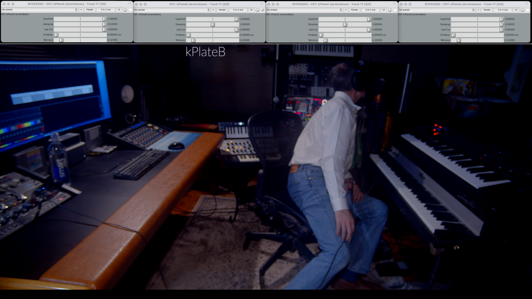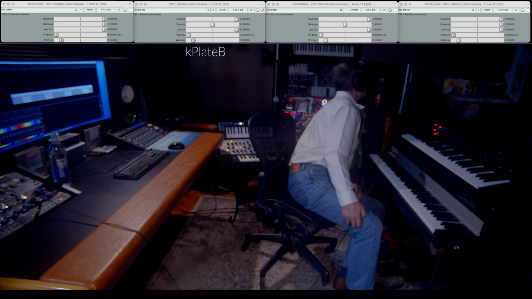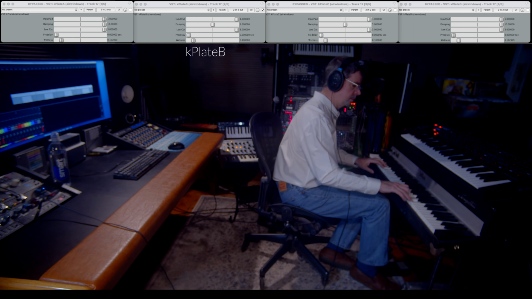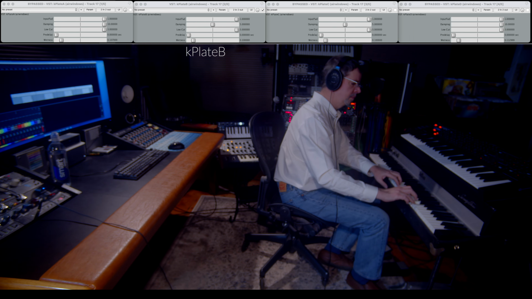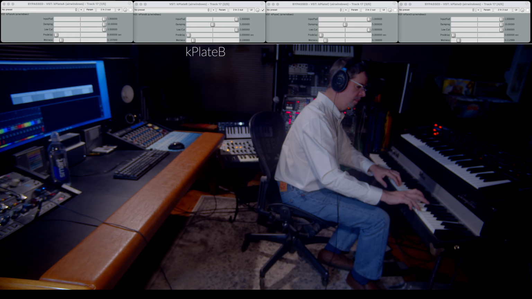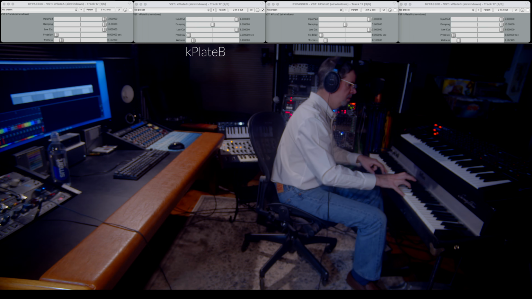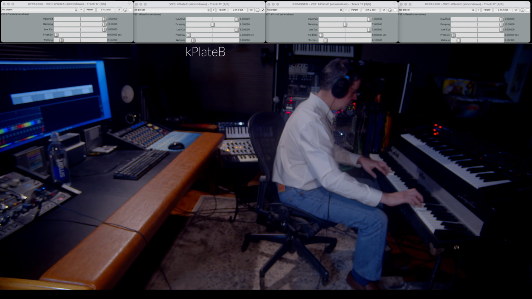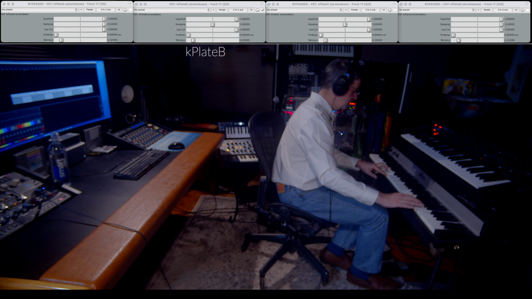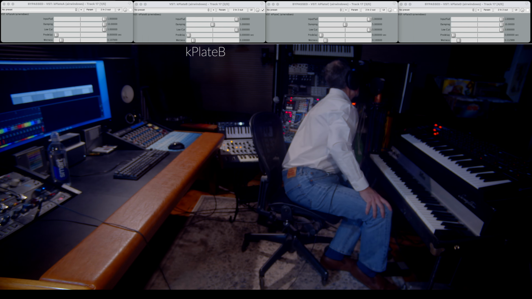But the thing it's modeled after is part tube, part transistor. And we've got kPlateB. This was the shorter reverb. So that is a quicker reverb.